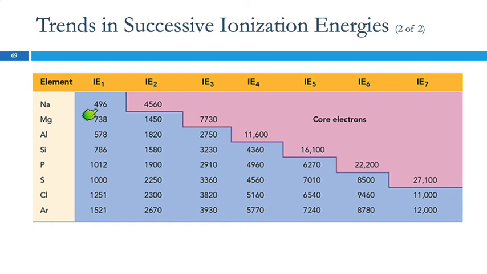So this is showing the jump in ionization energy. For sodium, the first one is a valence electron, and this was originally a core electron. It's closer. And here, for magnesium, when you get to the core electrons, that's when the big jump comes.